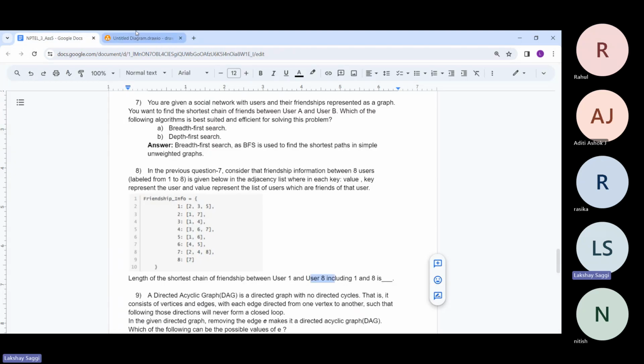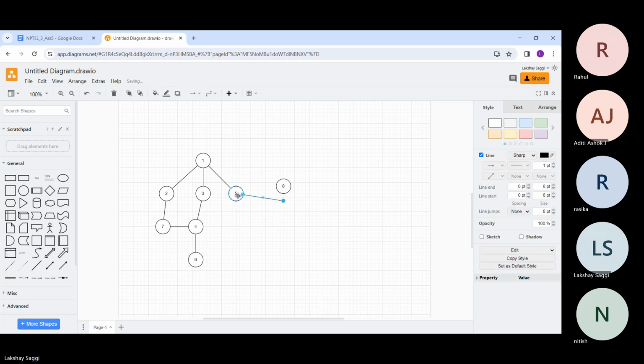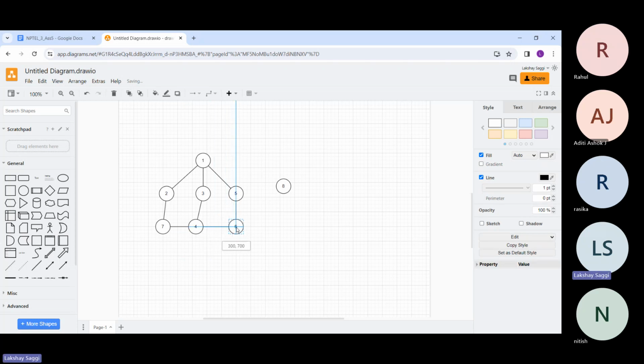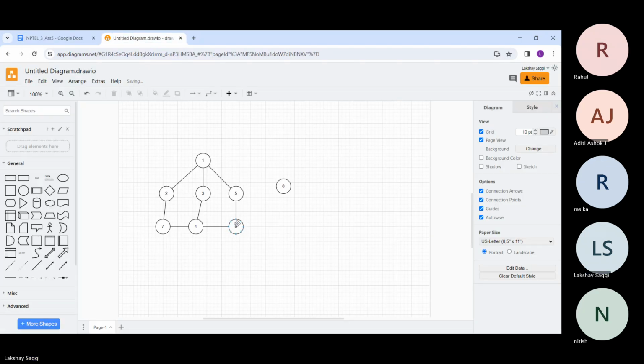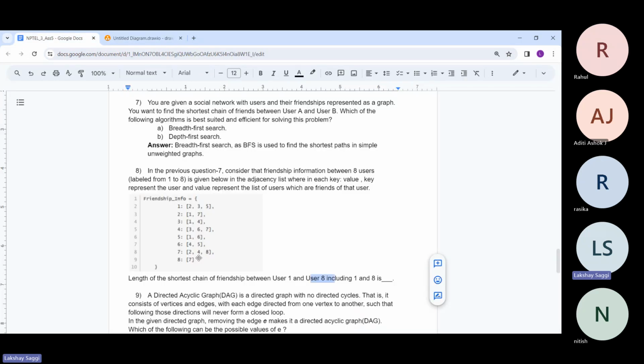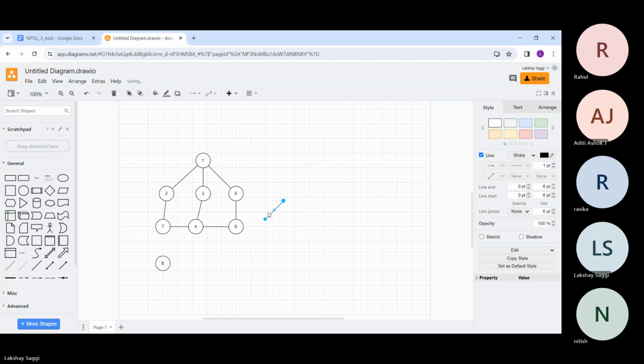So 5 is friends with 1 already, and we'll say that 5 is friends with 6 also. Maybe we can push 6 here. Then 6 is friends with 4 and 5, which is already added. Then 7 is friends with 2, 4, and 8. 8 will lie somewhere around here.